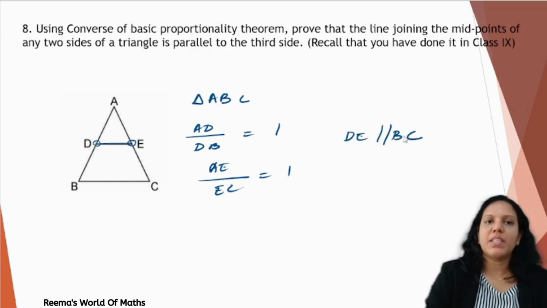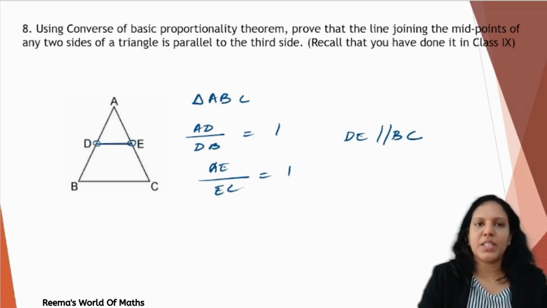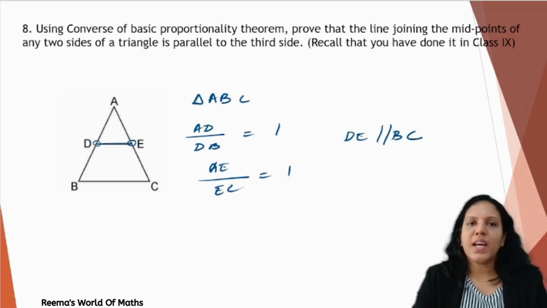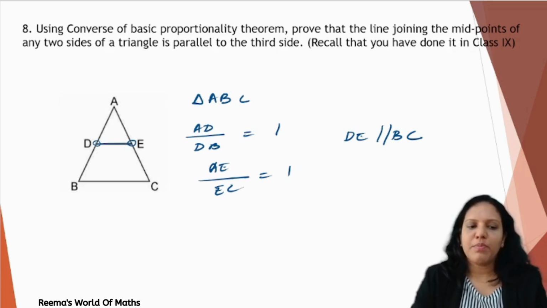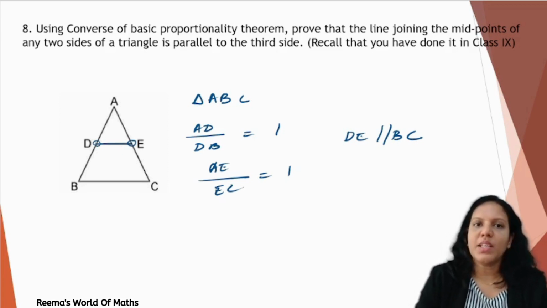As per the converse of the basic proportionality theorem, if two sides are divided in equal proportion by a line joined from one side to the other, that line will be parallel to the third side.